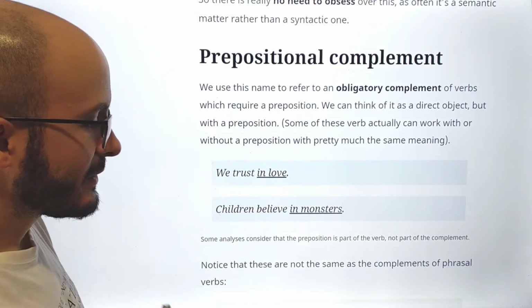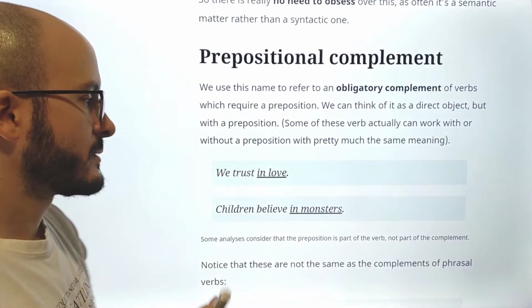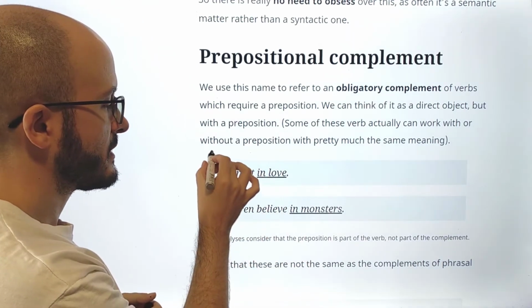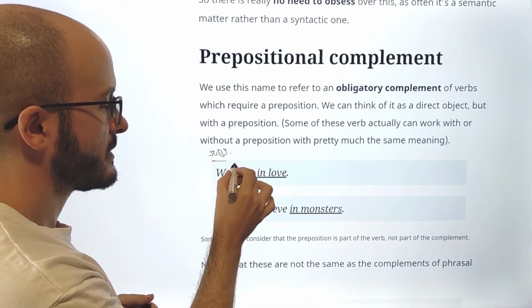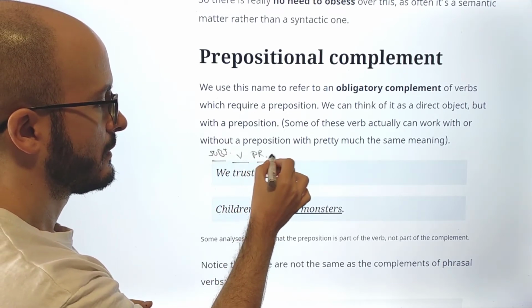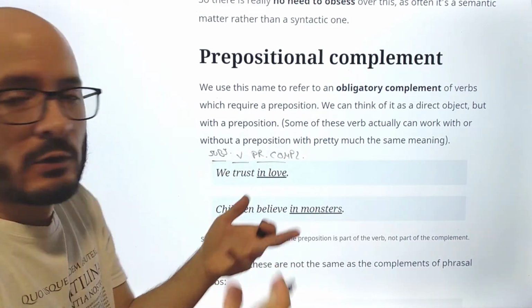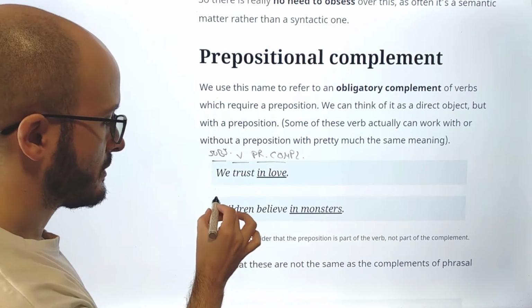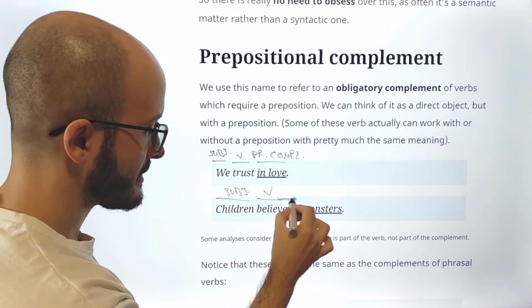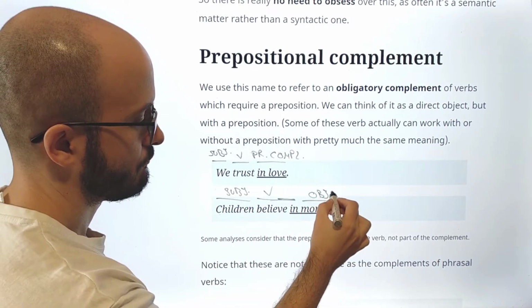Some analyses consider that the preposition is part of the verb, not part of the complement. So in my analysis, this is the subject, this is the verb, and this is the prepositional complement. But there are other analyses which are also perfectly fine, which is like this: this is the subject, this is the verb, and this is the object.